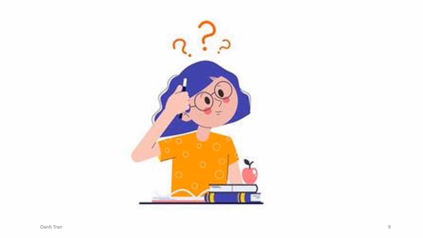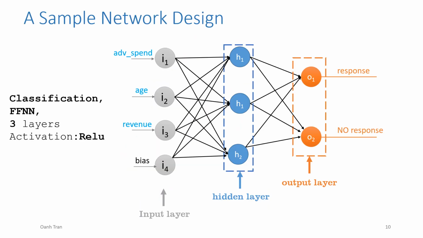Here, I show you the sample answer. Firstly, you should understand the problem and clarify. This one is a classification problem, binary, with two possible outcomes of respond or not respond. For designing, I think this one is structured data, so a simple feed-forward neural network might work.